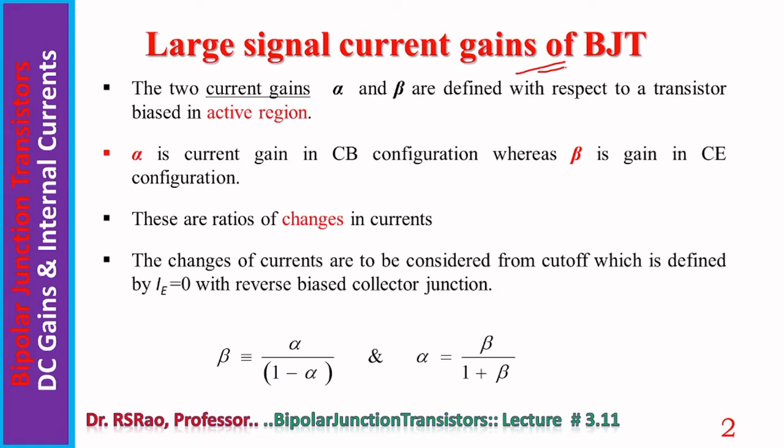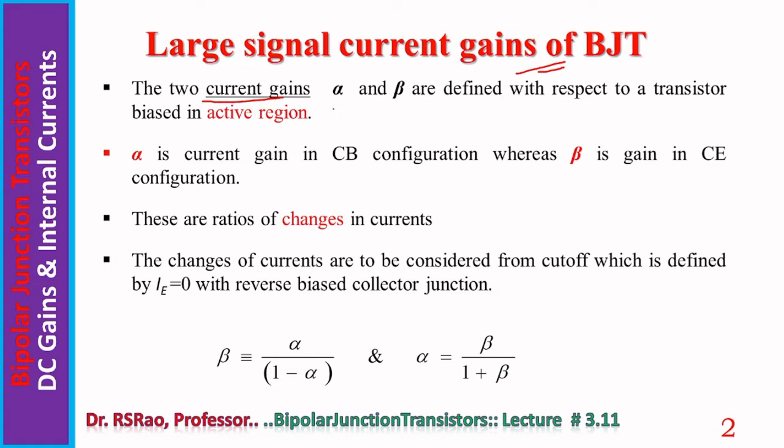They are highly useful, especially beta, which is used in the design of biasing circuits for BJTs. Hence, without knowing about these two, it is difficult to have a command over the BJT circuits. Certain important points regarding alpha and beta are given here.